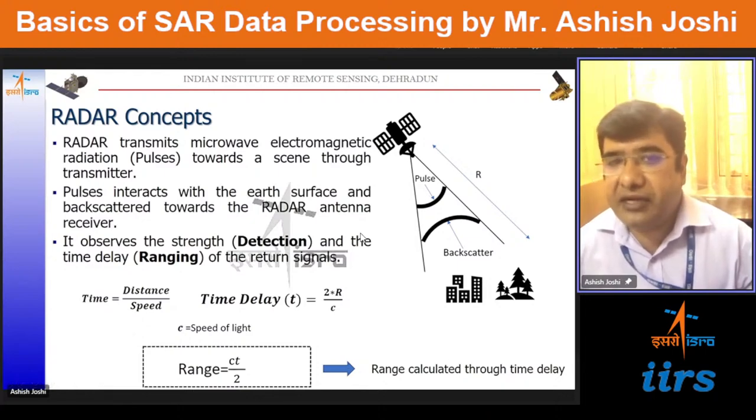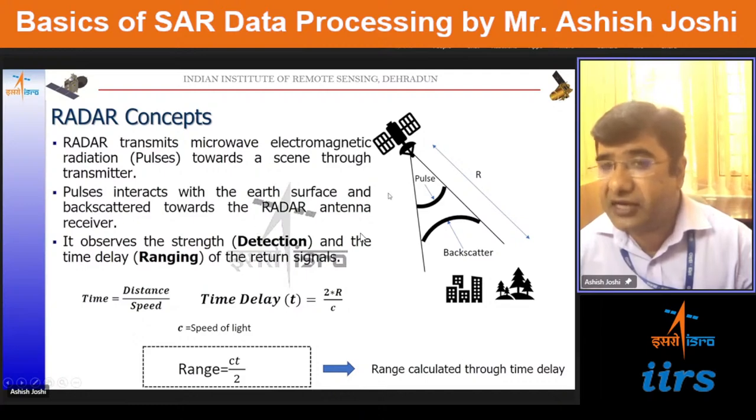After it gets back to the SAR, there is a receiver, and in the receiver it will catch the signals. It observes the strength, that is, the detection of the signal, what it has transmitted and what it has received, and the time delay.